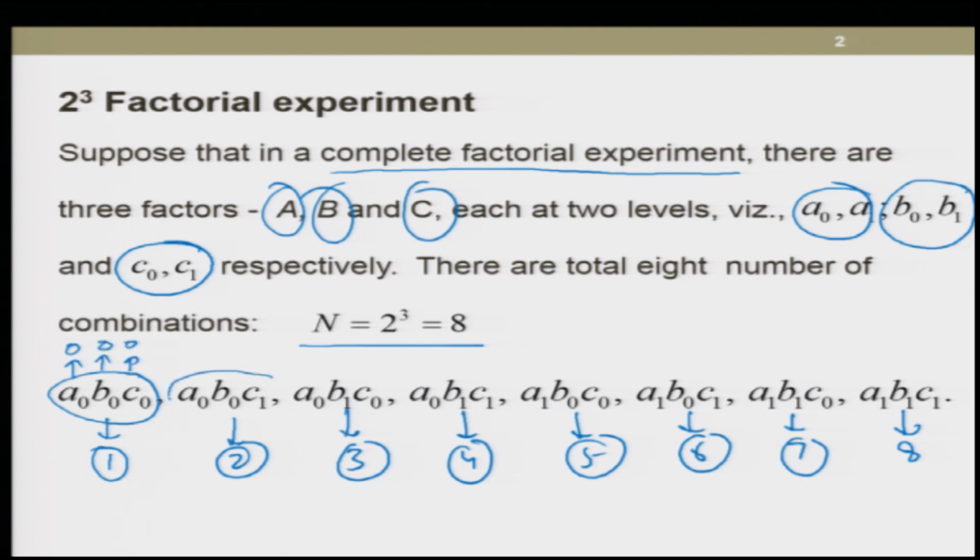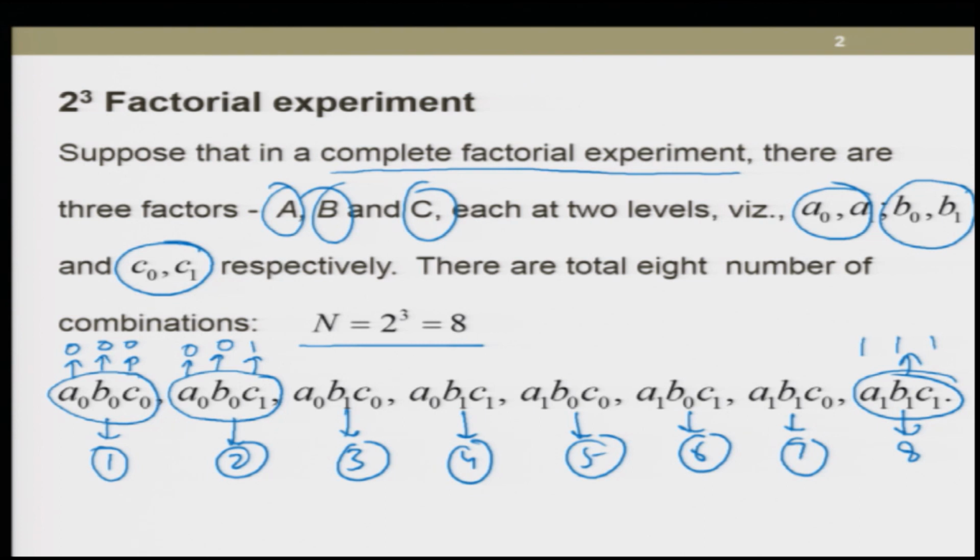What is happening in the case of A0, B0, C1? Here I am trying to say that the level of A is at 0 level, the level of B is at 0 level, and the level of C is at higher level 1. And similarly, in the last treatment combination, everything is at level 1, A, B and C are all at level 1.